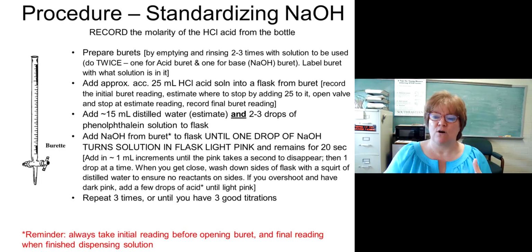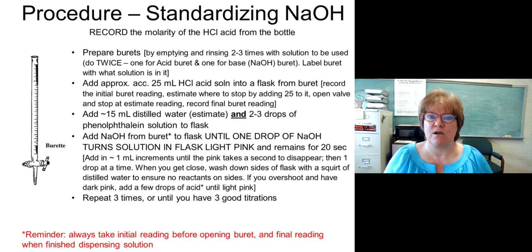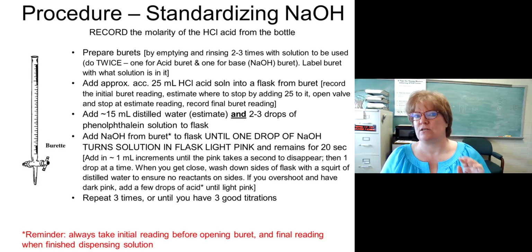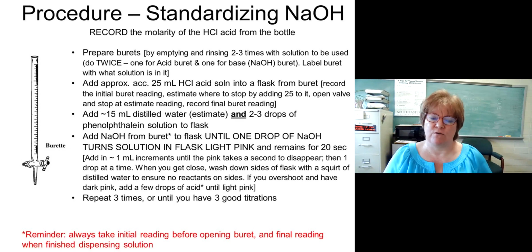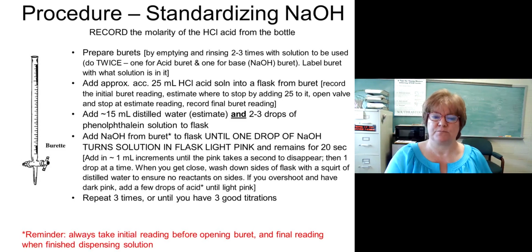You've done these before, step through it, make sure you're looking at it. I might post a good titration YouTube video for you if you need, but I think this is familiar for you. Again, take some time, make sure you're clear on what we need to do. Make sure when we're using the burettes, you're always taking the initial reading and the final reading and subtracting them to get our volumes.